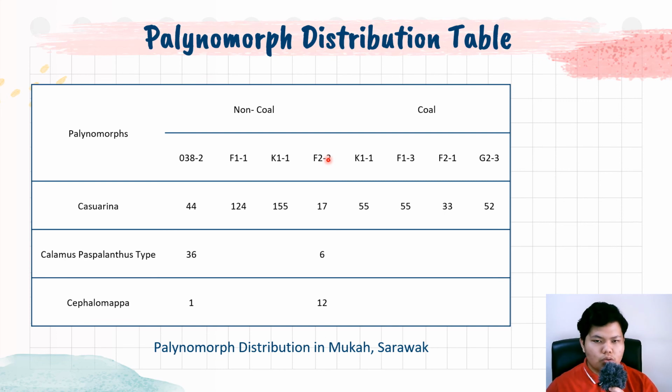This table can also indicate the most dominant palynomorph among the others. As you can see, Casuarina palynomorph is the most dominant compared to other types of palynomorph, with the highest value number.